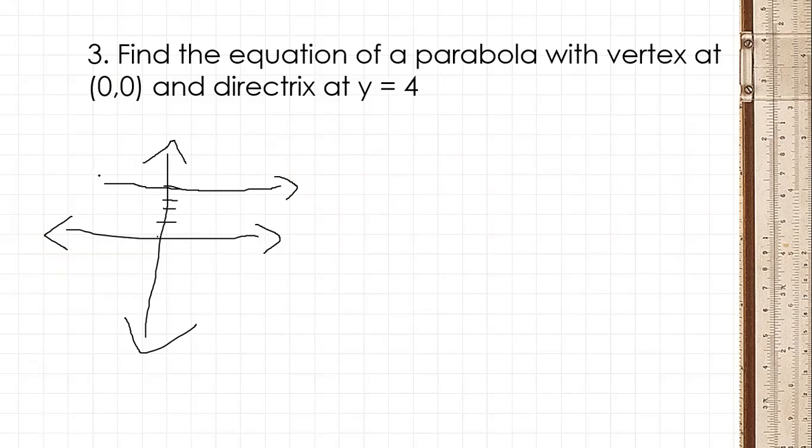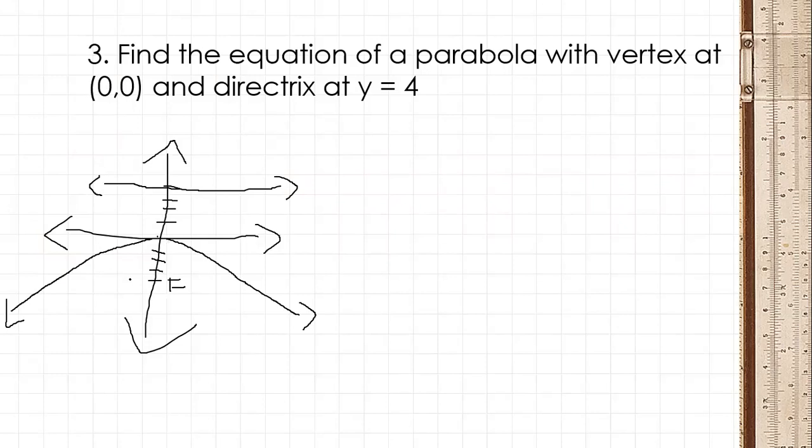We all know that the directrix is behind our vertex. So the opening of the parabola would be downward. 4 steps from vertex to the directrix, meaning 4 steps as well to be at the focus.